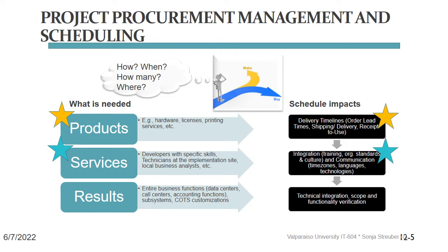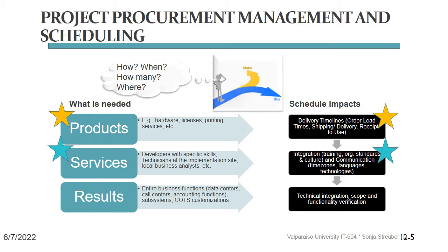So just like with buying products, buying people's work requires lead time. And that lead time needs to make it into your work breakdown structure as a separate line item, either as order lead time or as consultant training time. If you forget those, you might already set yourself up for issues from the get-go.